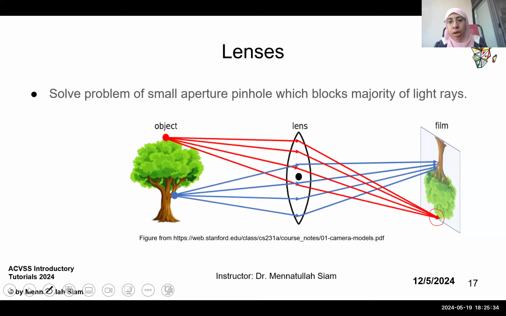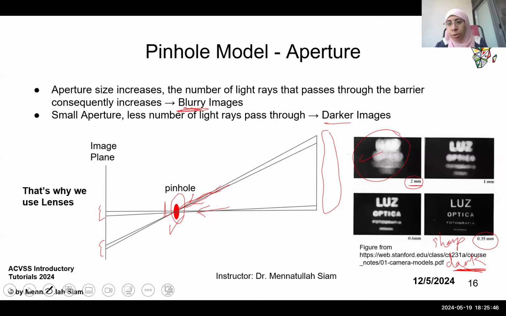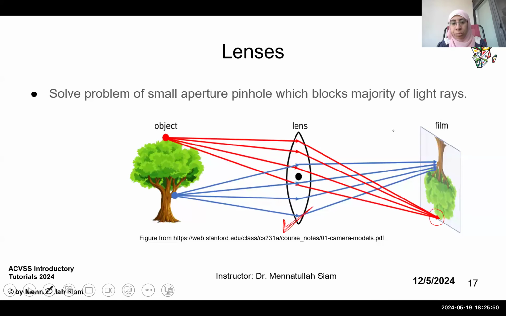The whole idea is that when allowing multiple light rays to enter, they converge and avoid the blurriness that we had with a larger aperture.